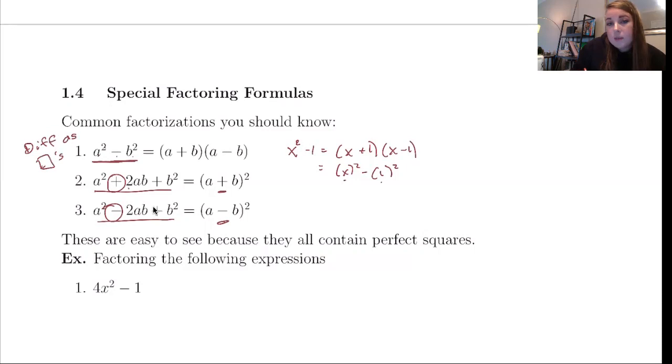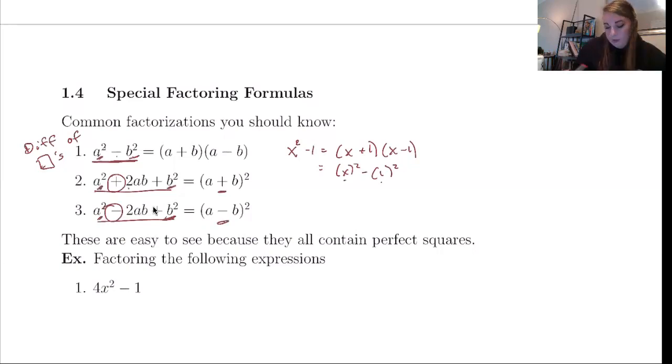These don't have any fun names. Only the first one, called difference of squares. And these are actually really easy to see because you have perfect squares right here and in the beginning as well. So if I don't have those perfect squares in my first or my third term, obviously it can't work.